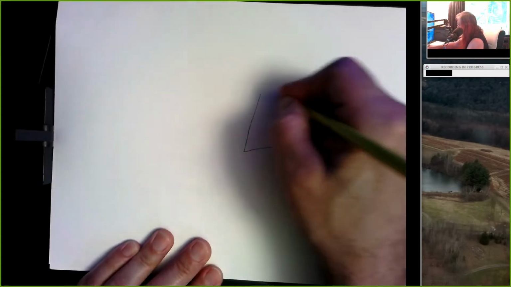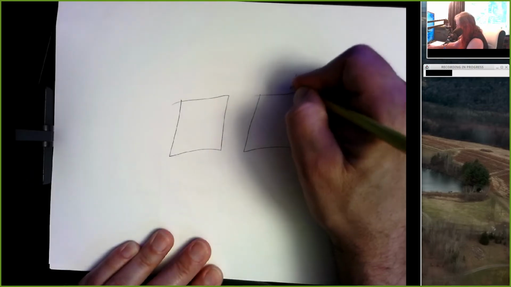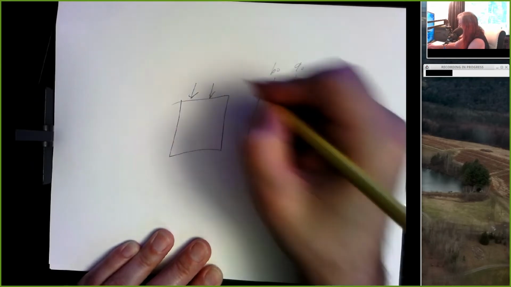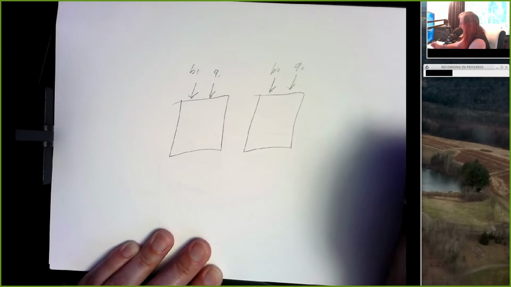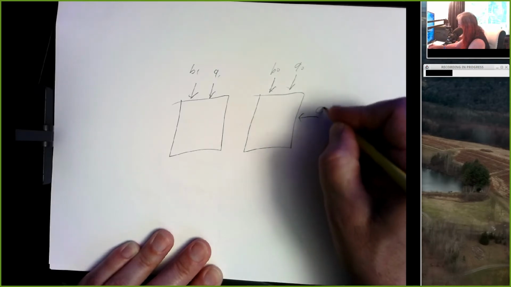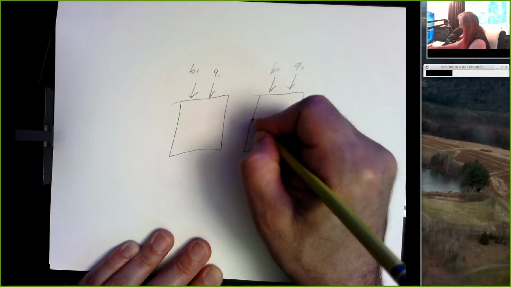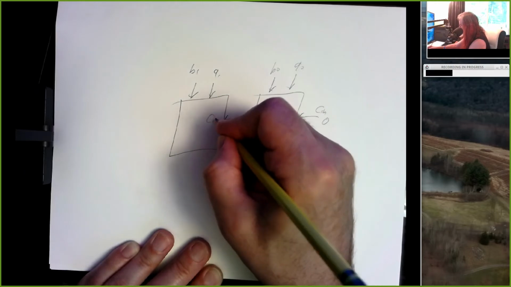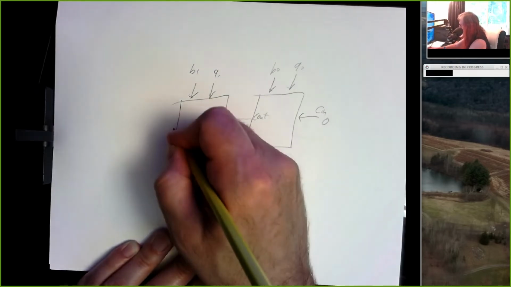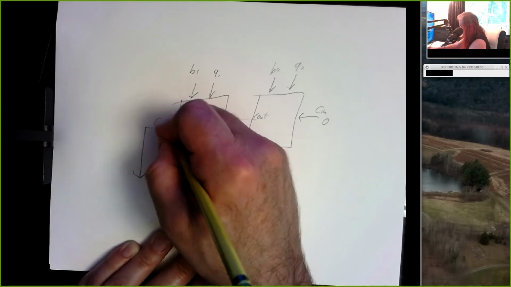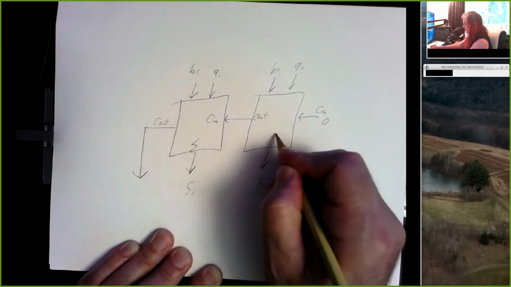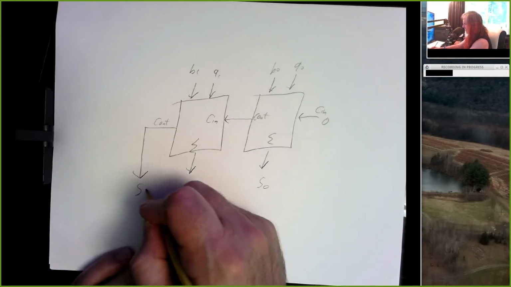But if we take a pair of these adders and put them together side by side, and I put a pair of least significant bits here, and a pair of more significant bits here, and I put a 0 into this first carry, and I take the carry out from this and I feed it to the carry in of this, and I take this sum and I call that S0, and I take this sum and I call that S1, and I take this last carry out and I call that S2.